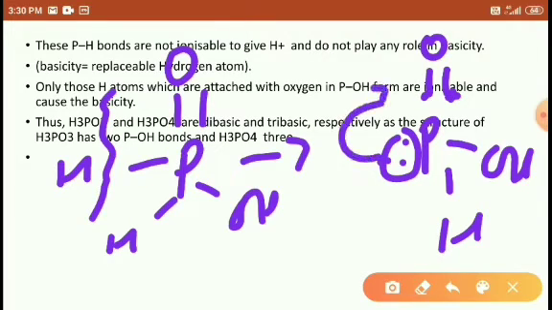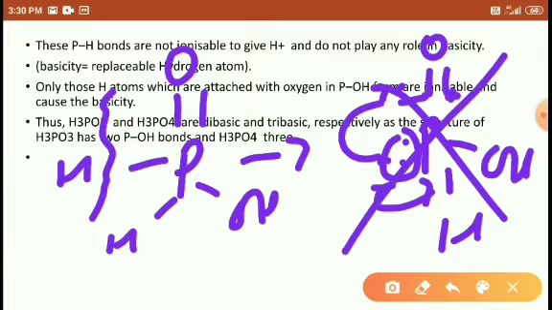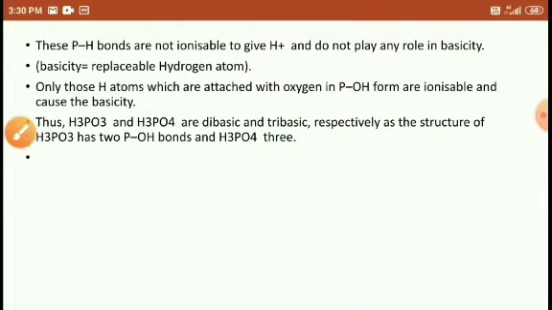The pair of electrons causes repulsion, including to this bond pair. So that's why it is unstable, and H3PO2, the oxo acid of phosphorus, will not release the hydrogen.